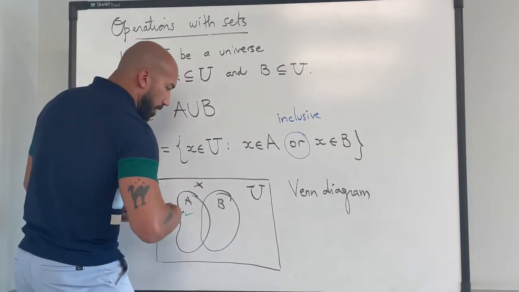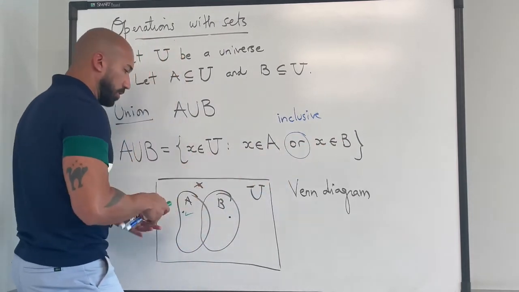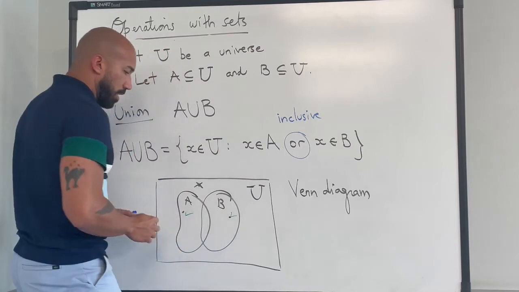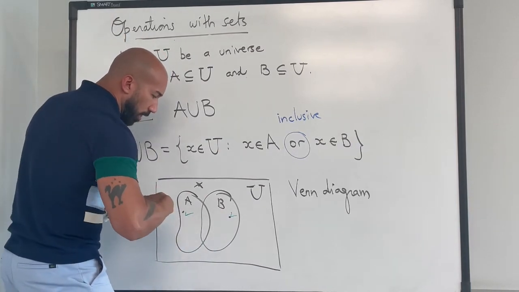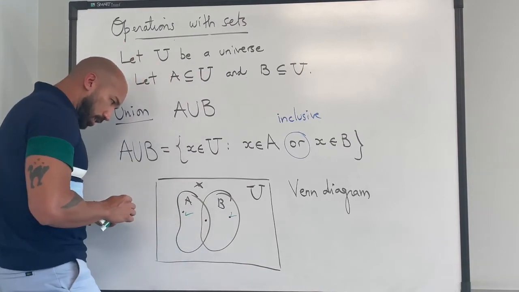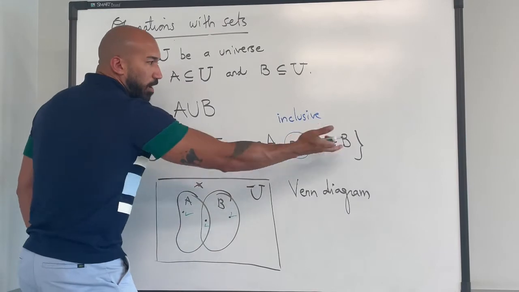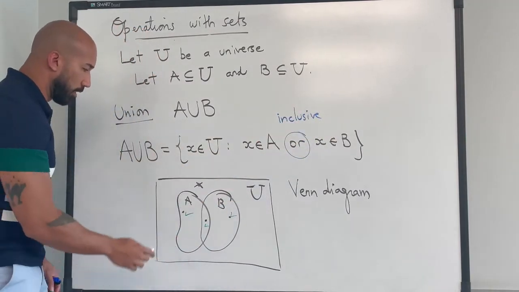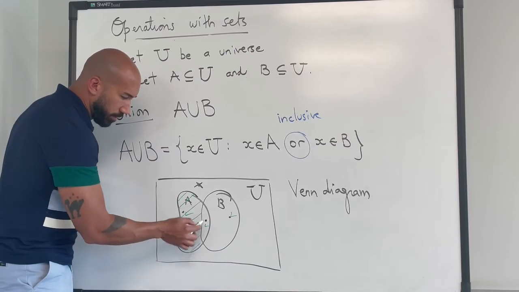An element here, only in B, satisfies the second condition, so it's going to be in the union. And an element here, which is in both, is also in the union because it satisfies both conditions, since this OR is inclusive.